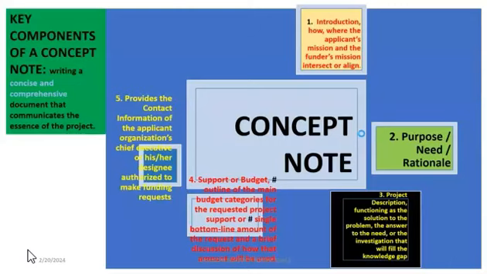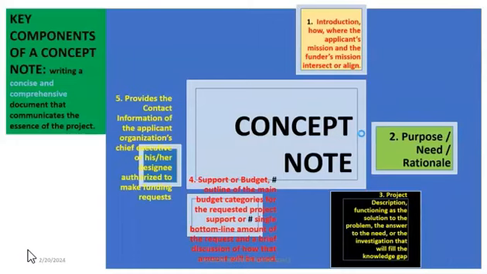There should be a purpose, the need, and the rationale for the concept note, and the project description functioning as a solution to the problem, the answer to the need, or the investigation that will fill the knowledge gap.